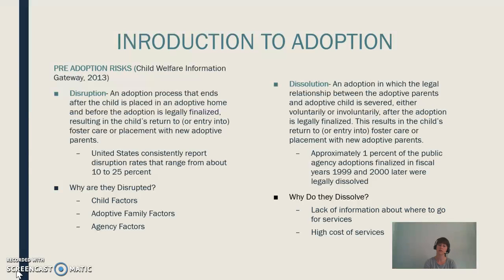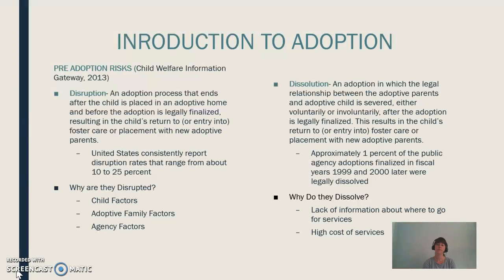They may not have known about these issues prior to the adoption, or they may not know how to deal with these issues. White children tend to have a lower disruption rate than African American children, and interestingly, children with 2 or 3 siblings who are placed together are at a higher risk of disruption, but when children with 4 or more siblings are placed, they have a lower risk of disruption.